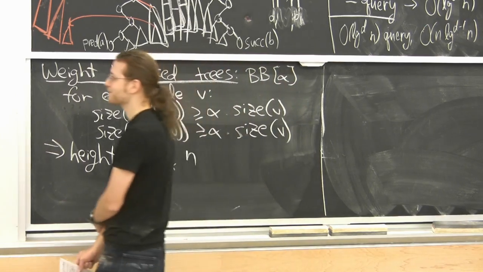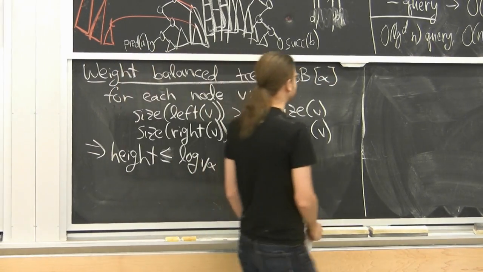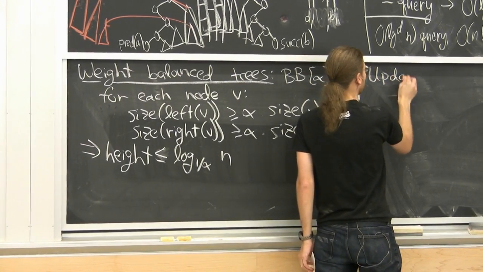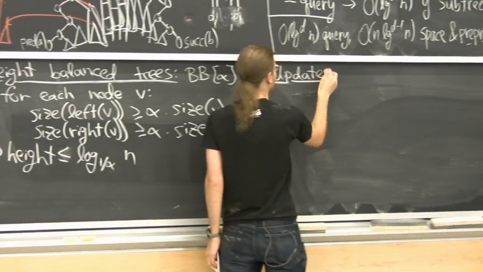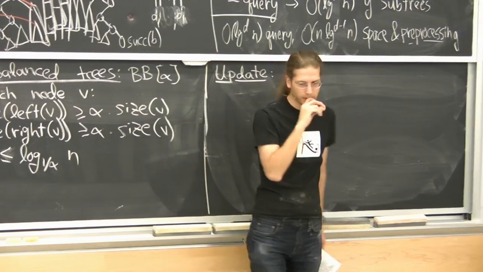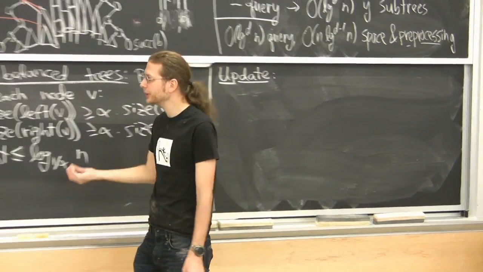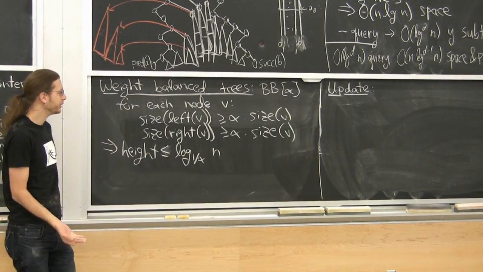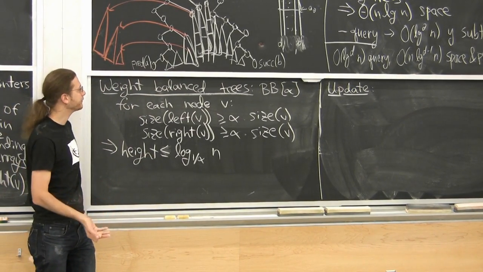So how do we do an update? The idea is normally you insert a leaf, or do a regular BST insert or delete. You add a leaf at the bottom or delete a leaf.